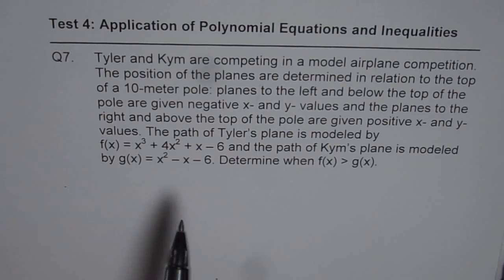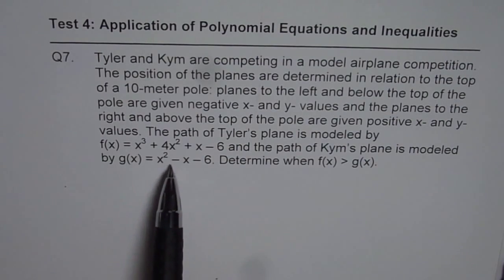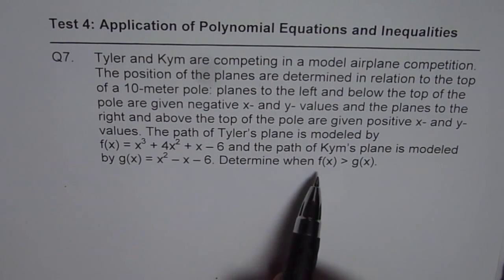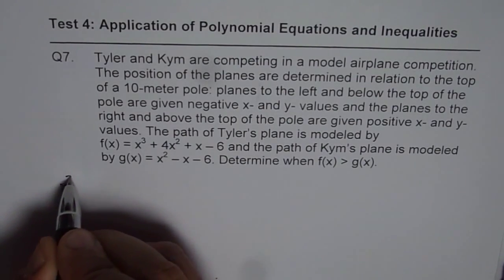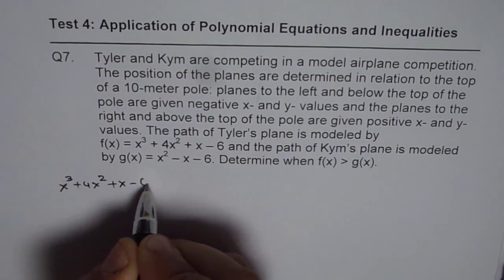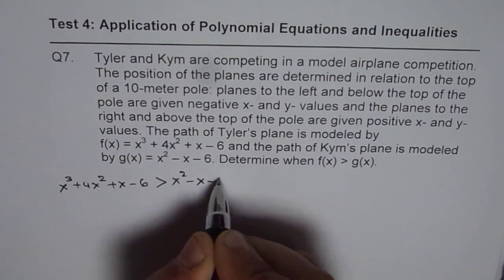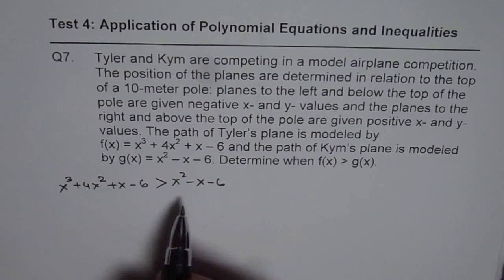Now, since we have the same reference point for the measurements, the question really is, when is this equation greater than that equation, right? So we can begin by writing f of x, which is x cubed plus 4x squared plus x minus 6, is greater than g of x, which is x squared minus x minus 6. You get the point. Bring them together, solve the inequality, correct?